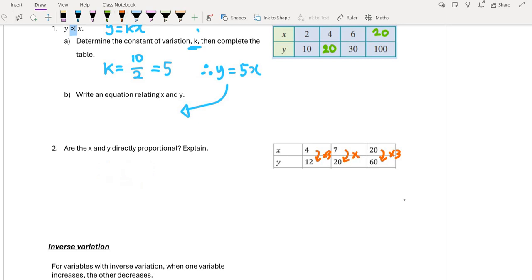So they're not directly proportional, because 12 divided by 4, which is 3, is not the same as 20 divided by 7, which I got from here. So if they were directly proportional, it would be 21 instead of 20. So not directly proportional.